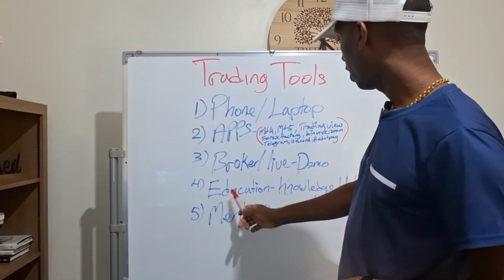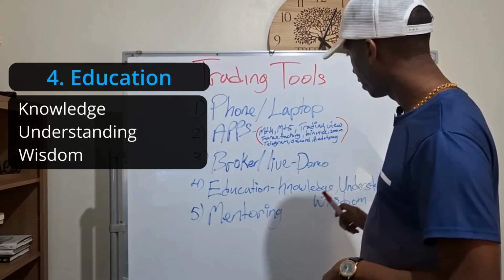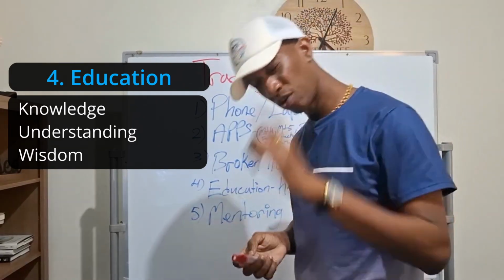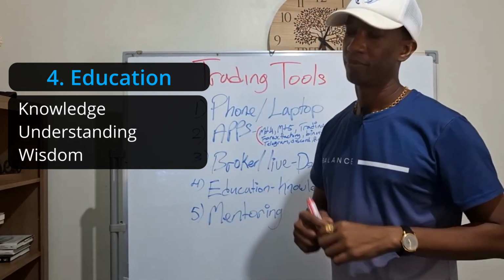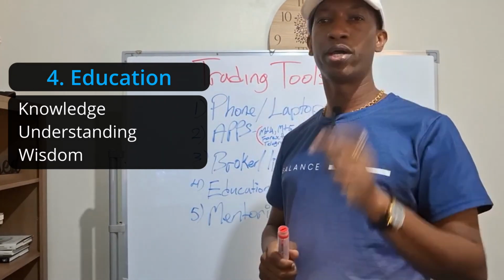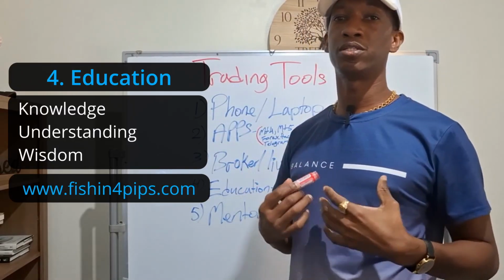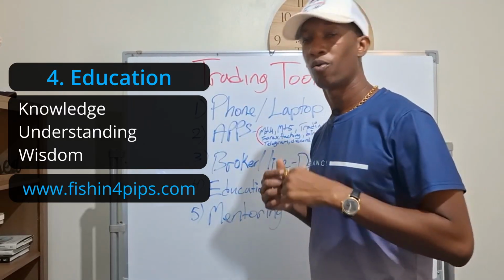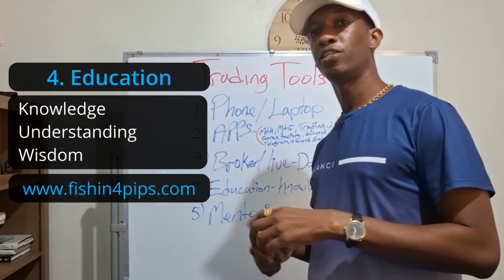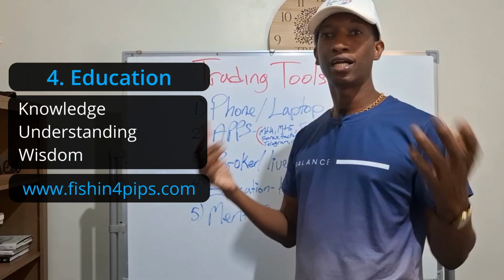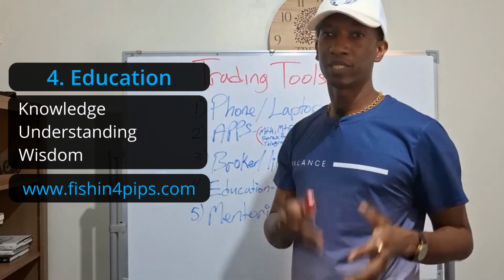Next thing: education, knowledge, understanding, and wisdom. You need the right education too. There's a lot of wrong education, so get the right education. Where are you going to get the right education? At Fishing for Pips. I will be a coach and mentor, and I will show you how I have done it, how I got into the New York Stock Exchange, how I became friends with professional traders, licensed traders, hedge funds, investment banks.